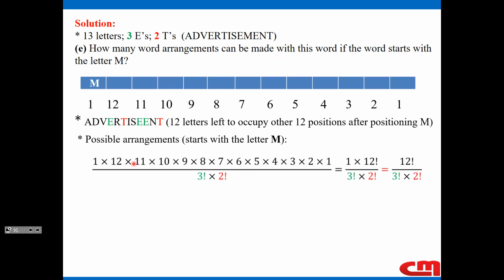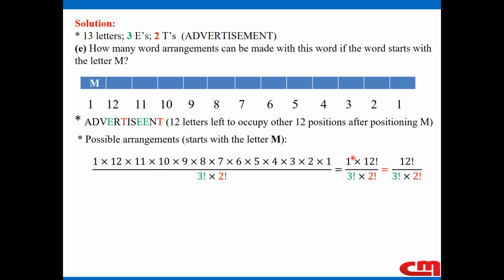Or what it means is 1 times 12 times 11 up to times 1, which is what I have here. Then we consider the repeating letters, 3 E's, 2 T's, which is what I have here. Dividing after applying the fundamental counting principle is the one that allowed us to multiply, as you can see, right?